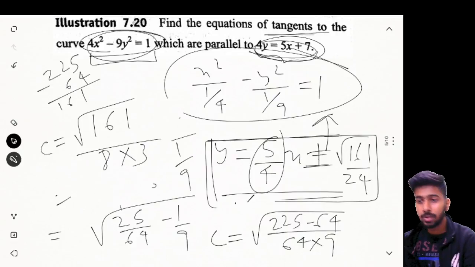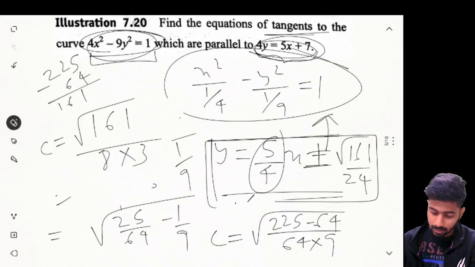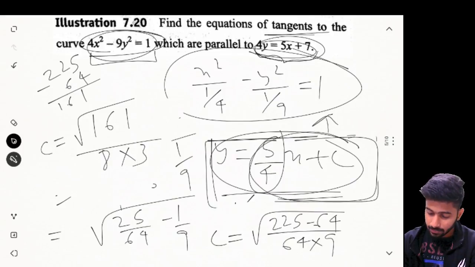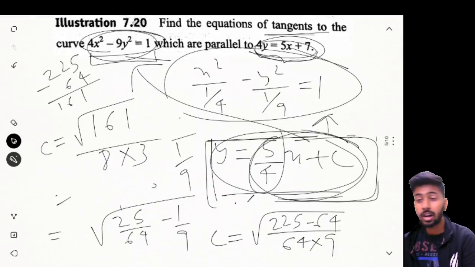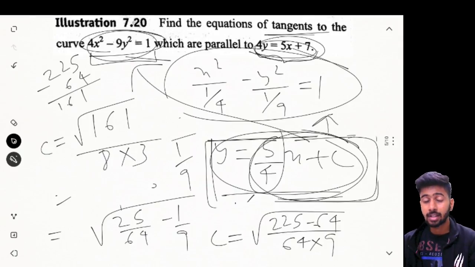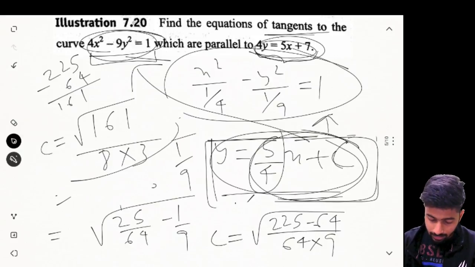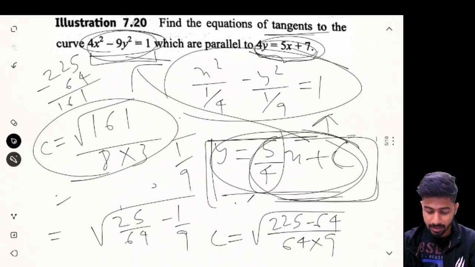Otherwise what you would have to do is assume y is equal to 5 by 4x plus c to be a tangent, then put this in this equation, get a quadratic in terms of x and equate its discriminant to 0 to get the value for c, which you would actually get as the same as this with the plus and minus obviously.